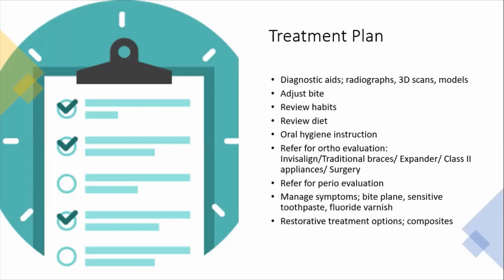In other cases, you might just want to refer out for an ortho evaluation. An orthodontist can recommend traditional braces. Invisalign is very popular. They might recommend an expander, like a palate expander, to kind of open up that narrow arch, kind of kick out those molars that might be lingual verted.